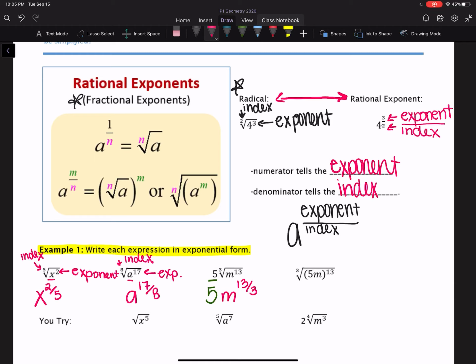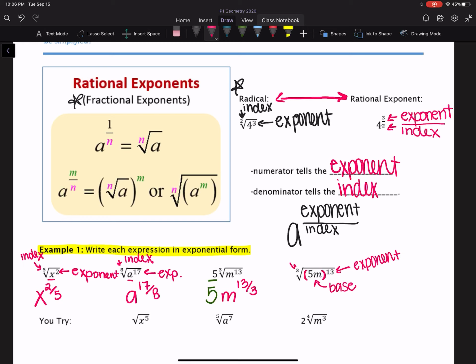And on my last example here, I have the cubed root of 5m, which is in parentheses, all raised to the 13th power. So I know 5m is my base here. Since the 5m is in parentheses, I know that entire thing is raised to this exponent here.